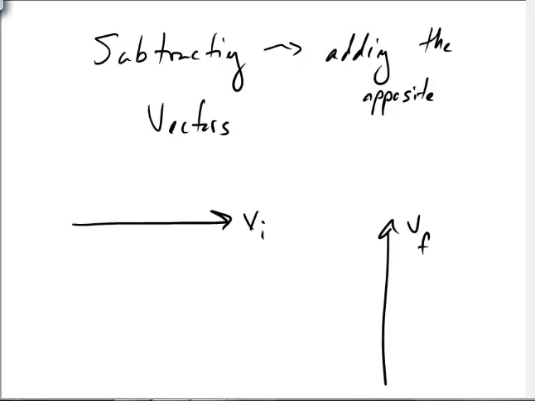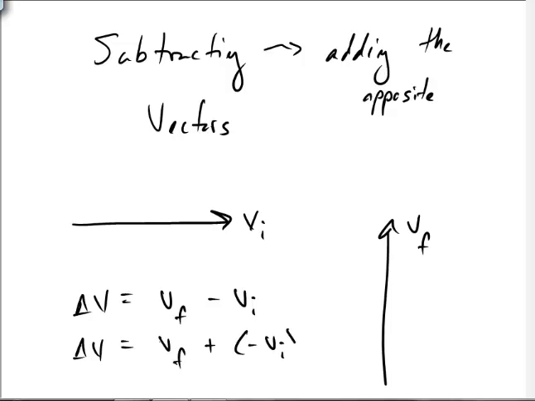If you wanted to know the change in velocity, that would be vf minus vi. I would also argue that this is vf plus negative vi. So negative vi is this.